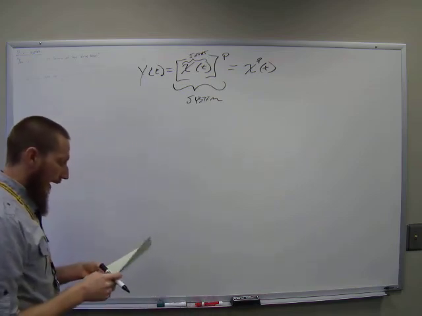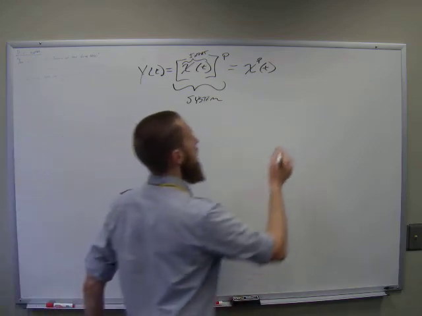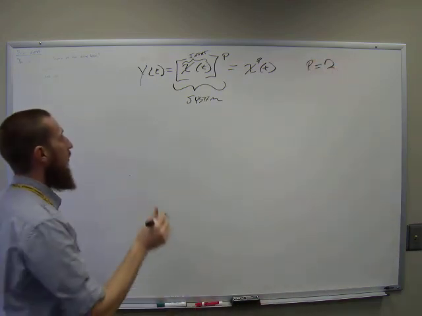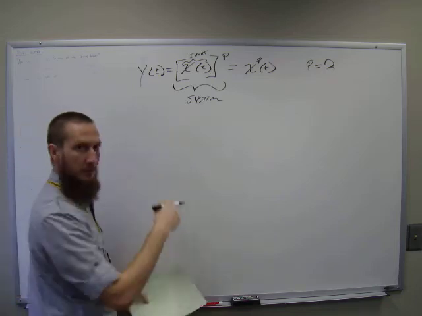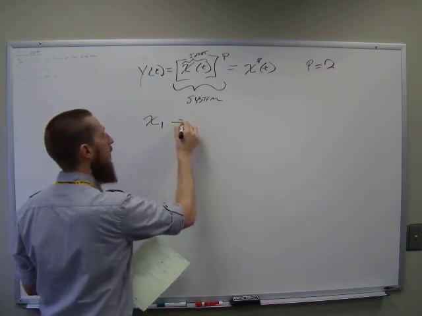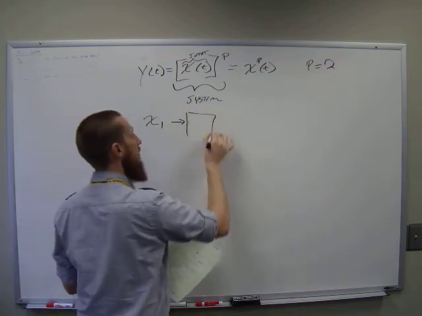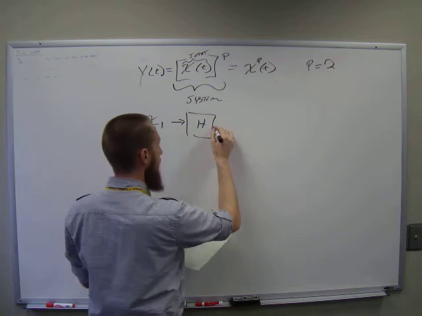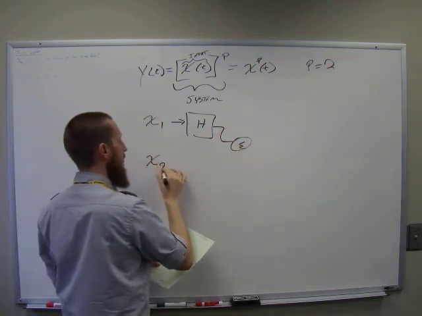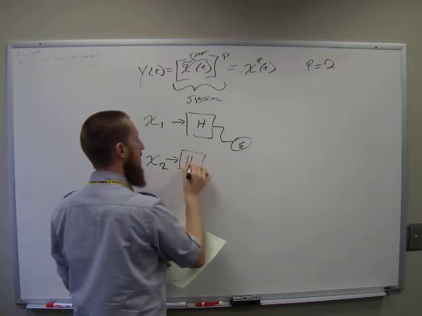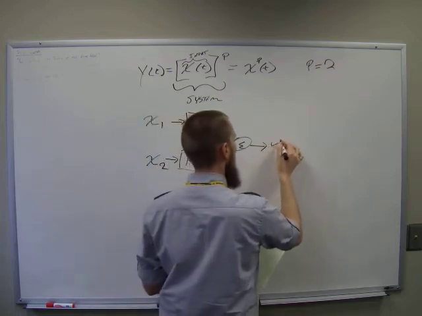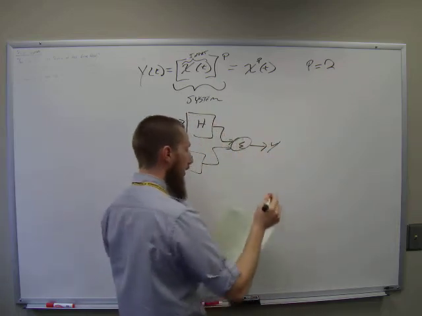So, how do we check this? Let's just choose a value for p. Let's say p is equal to 2. Now we can write this out graphically in order to conceptualize this first. If we have x1 going into the system H, this is going to result in the sum with x2 going through the same system H, and I'm going to call this output y super.